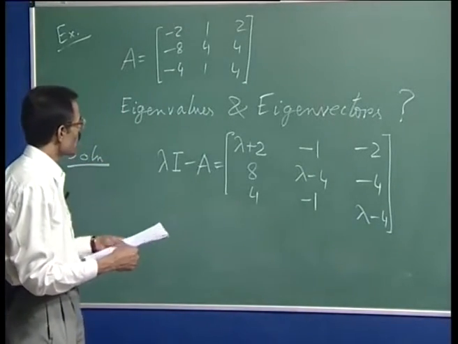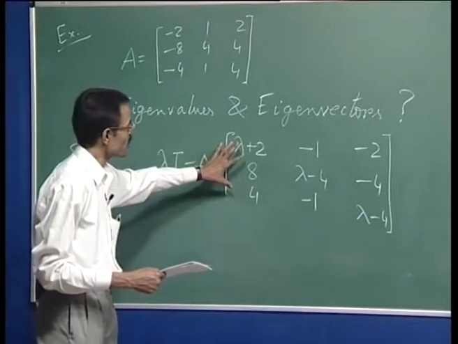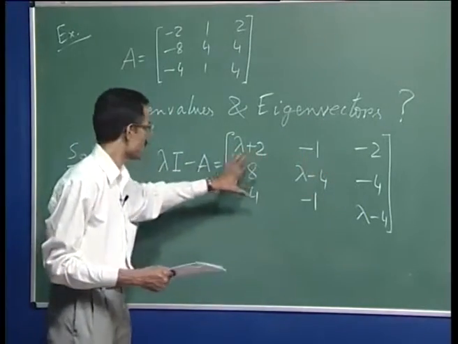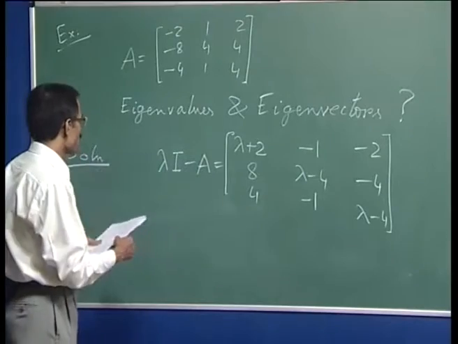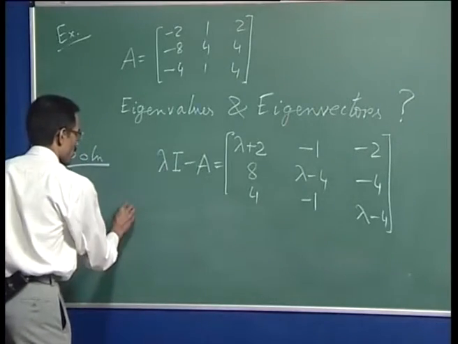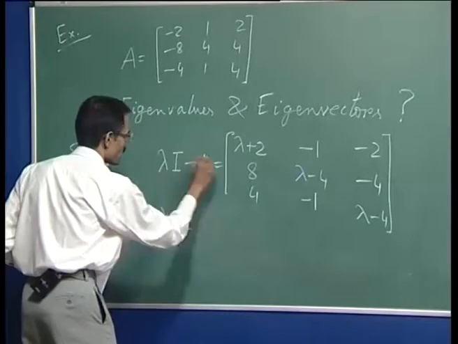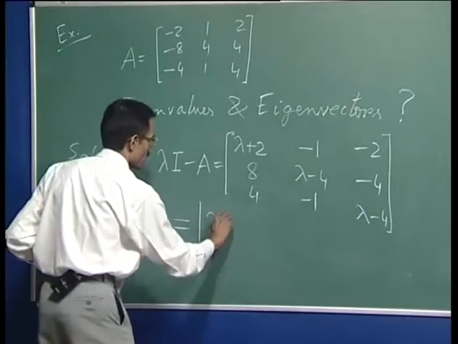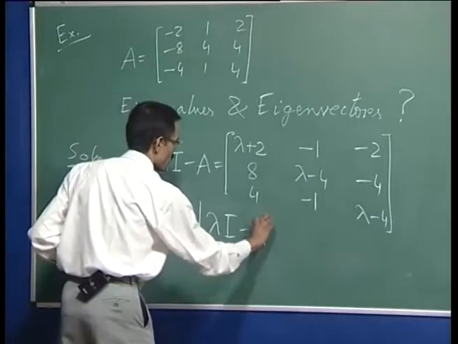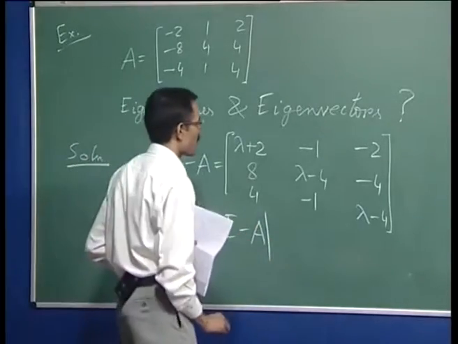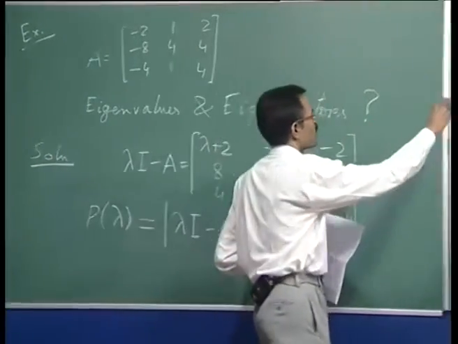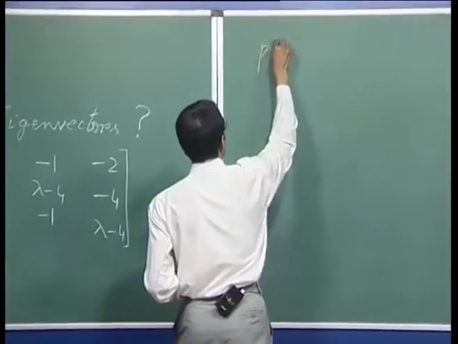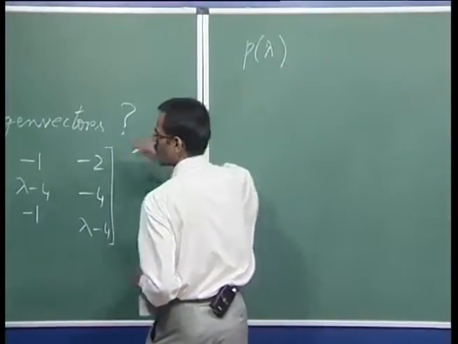Now, the characteristic polynomial is the determinant of this matrix, right, which you can expand from here.